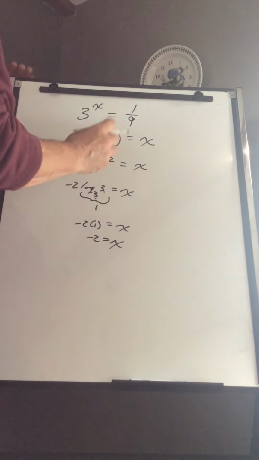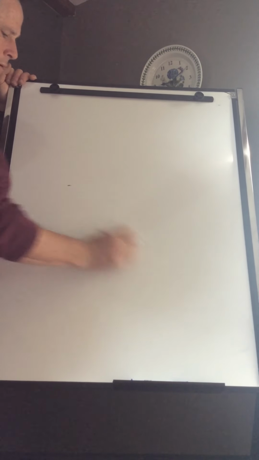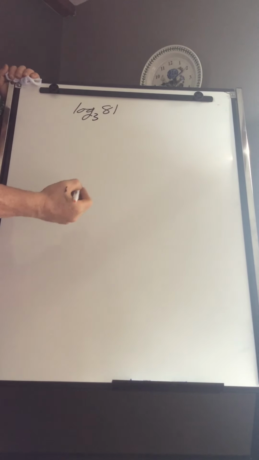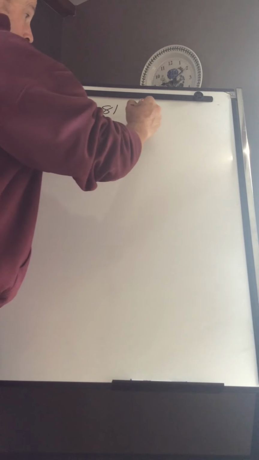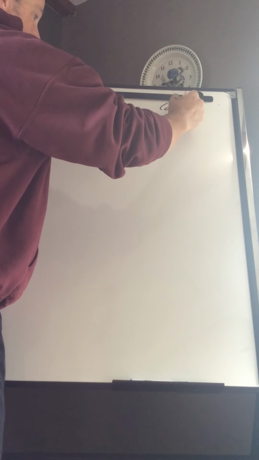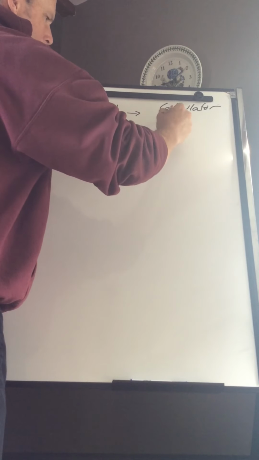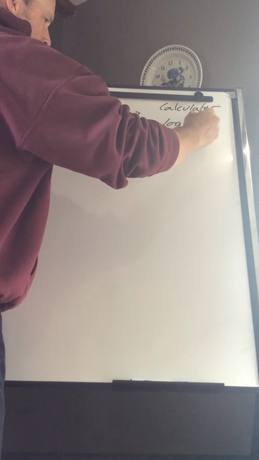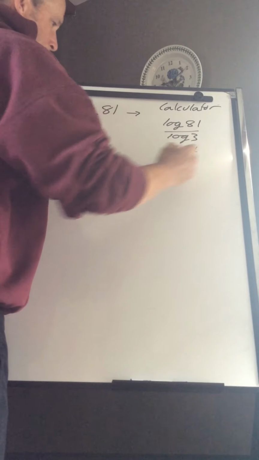Without using a calculator, we'll do one more. I have log base 3 of 81. What would my answer be? Well, I could just put it in the calculator: log 81 divided by log 3, and that'll give me 4.